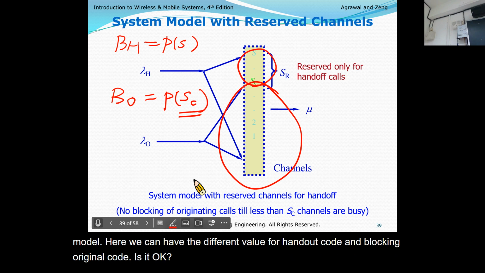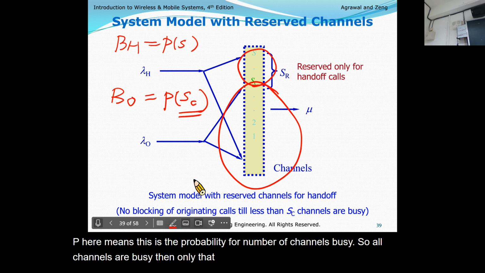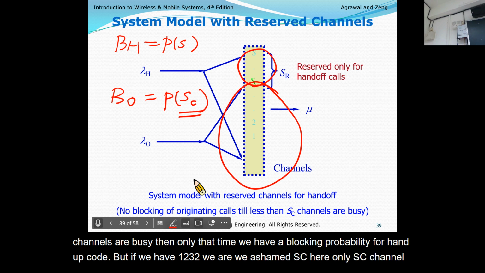The key here is this is the probability for the number of channels busy. Only when all channels are busy do we have a blocking probability for handoff code. But we assume SC here: only SC channels are available for originating code.